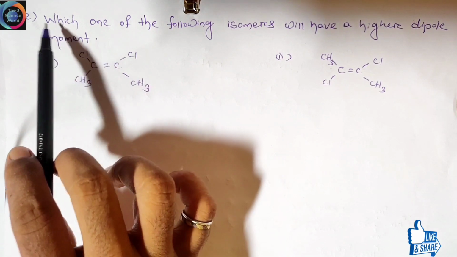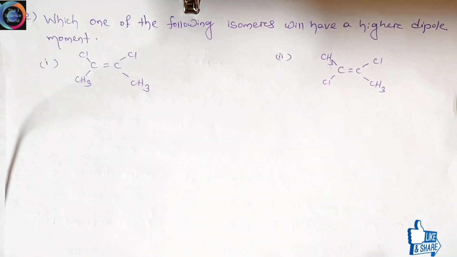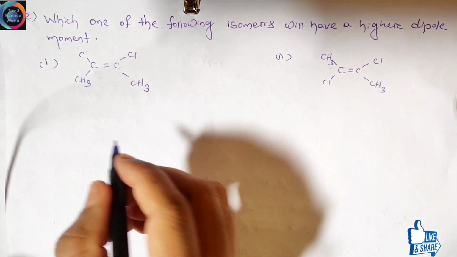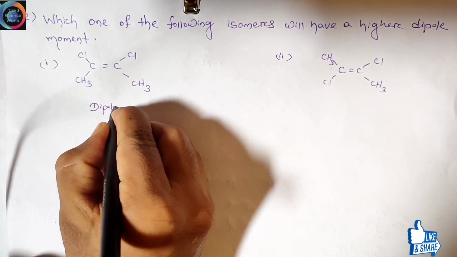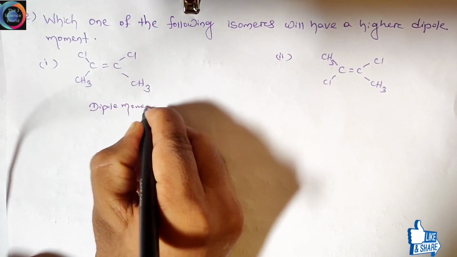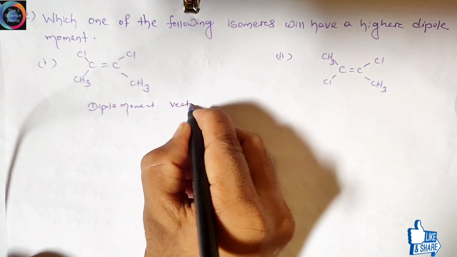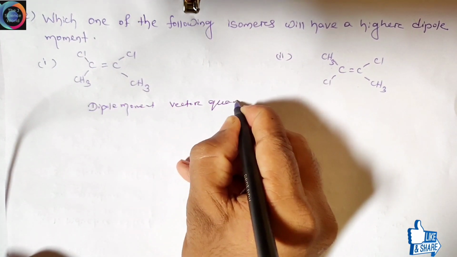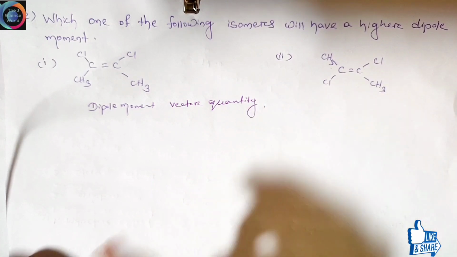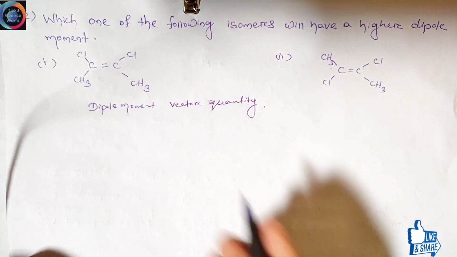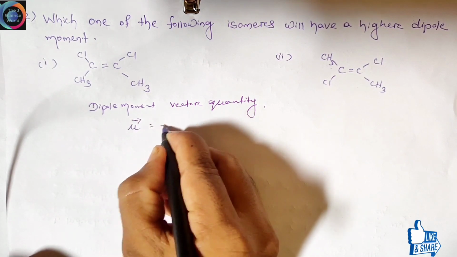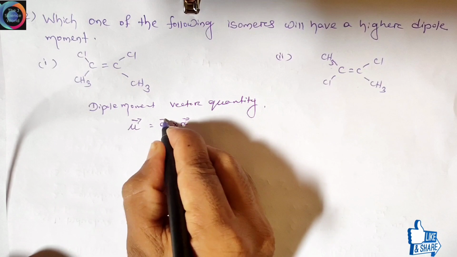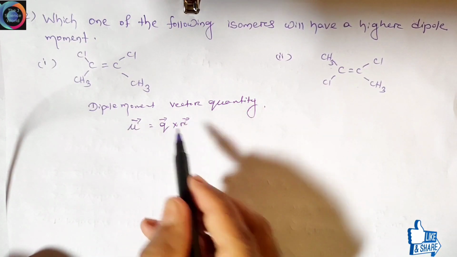Friends, the next one is question number E. Which one of the following isomers will have a higher dipole moment? Friends, we know dipole moment is a vector quantity. This dipole moment depends on direction and also charge.